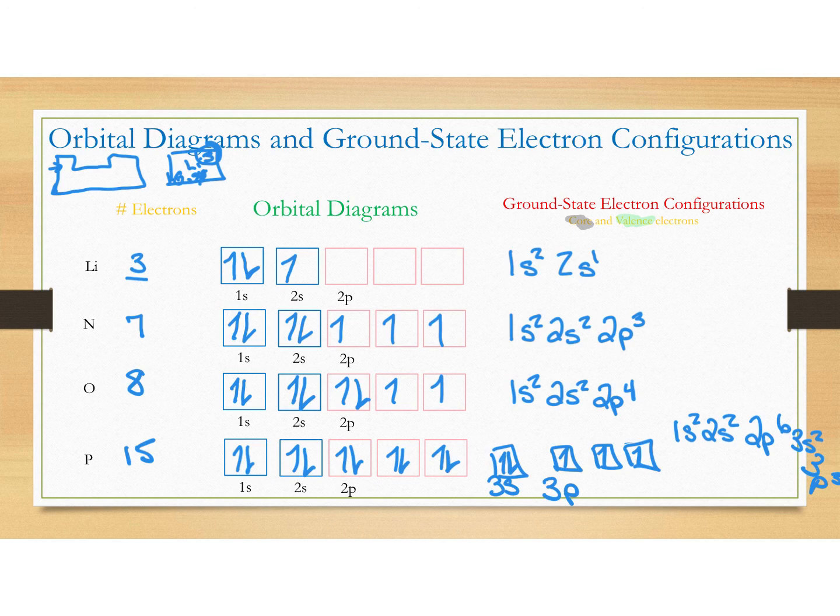Lithium is in the second period. What do we expect the highest energy level, or quantum level, to be? n equals 2. So I'm going to look at the 2 for my valence electrons and the 1 for my core. How many valence electrons does lithium have? Lithium has 1 valence electron.